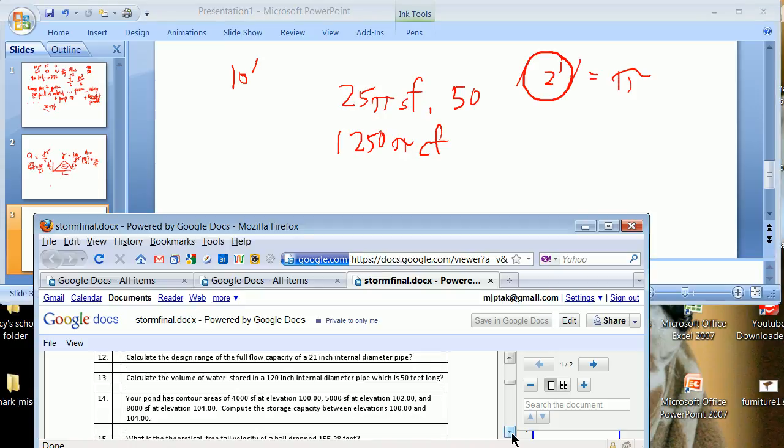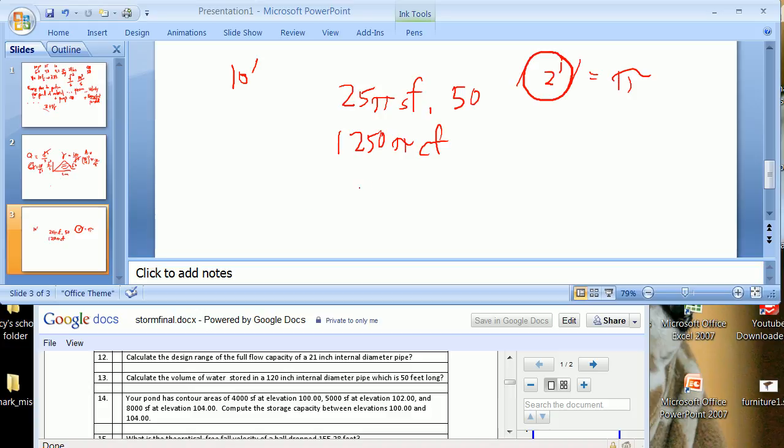The next one also comes, at least historically, from estimating. You have elevations of, at 100, you have 4,000 square foot. At 102, you have 5,000 square foot. And at 104, you have 8,000 square foot.